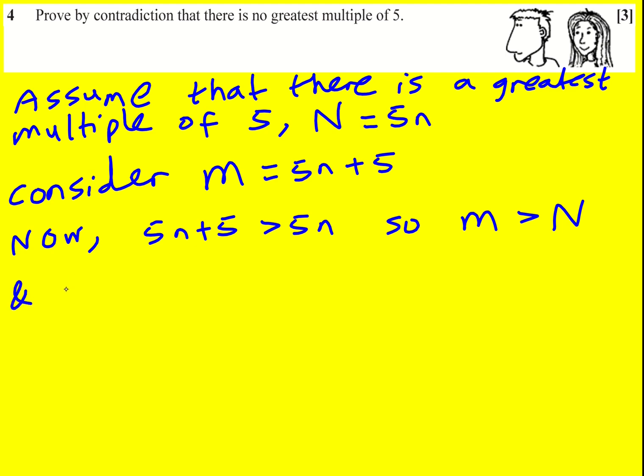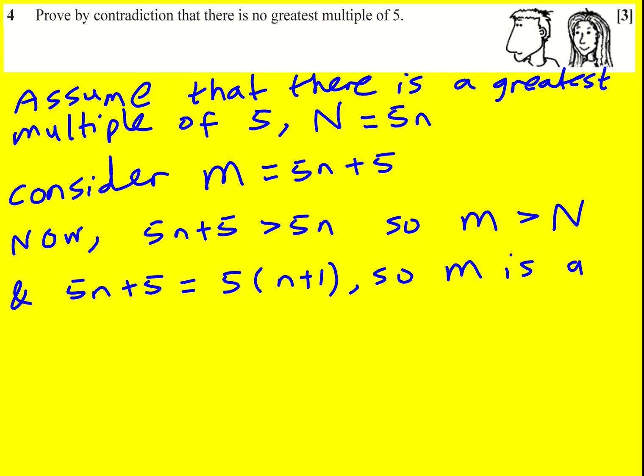And 5n plus 5 is equal to, we can factorize out the 5 to get 5(n plus 1). So M is a multiple of 5. But that's the problem, isn't it?